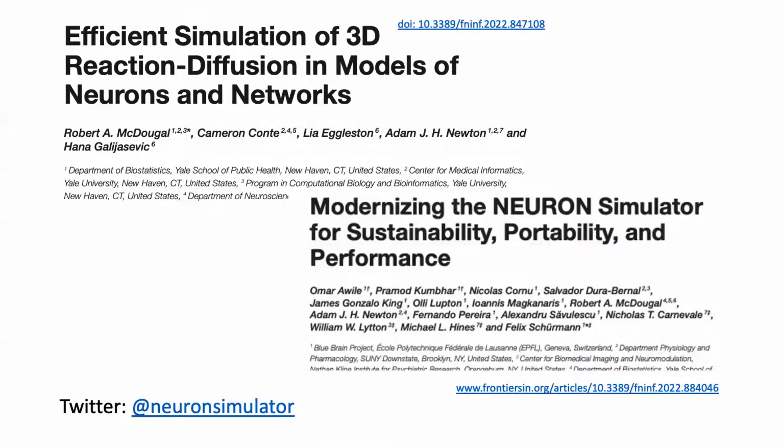If you're interested in the latest developments with Neuron, we have two methods papers that have come out so far this year. The first one is on efficient simulation of 3D reaction diffusion in models of neurons and networks. And there's one that just came out yesterday, actually, on modernizing the Neuron simulator for sustainability, portability, and performance. Do check those out. And of course, you can follow us on Twitter at Neuron Simulator.